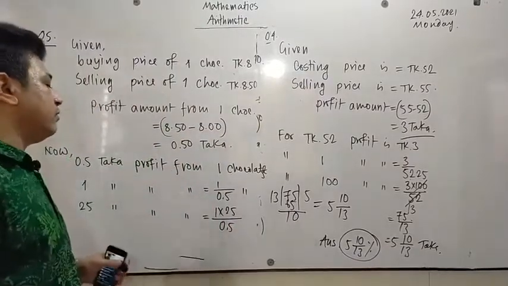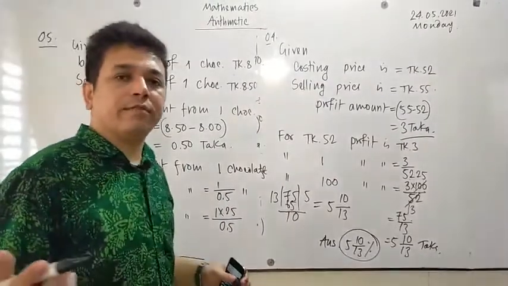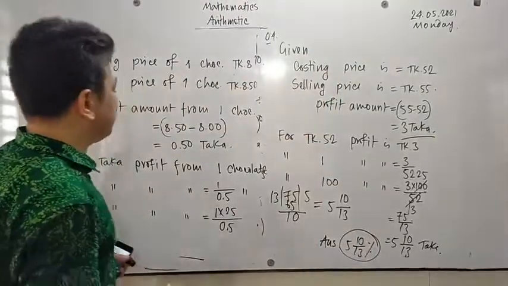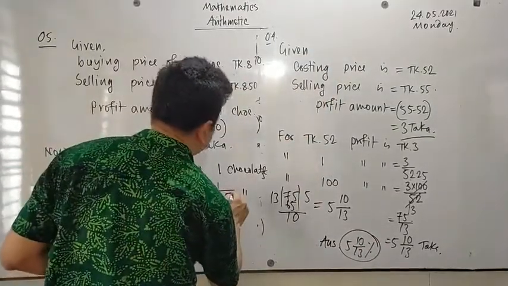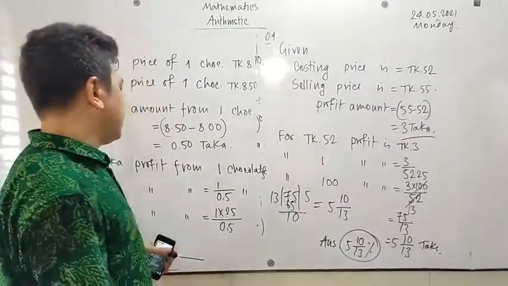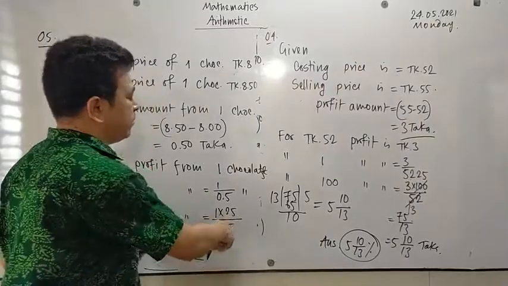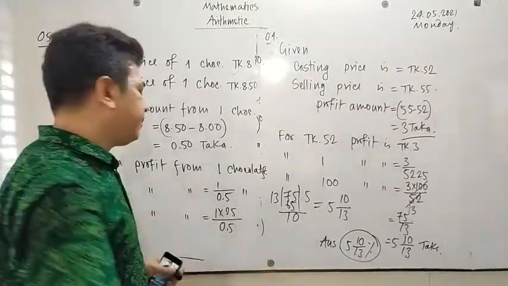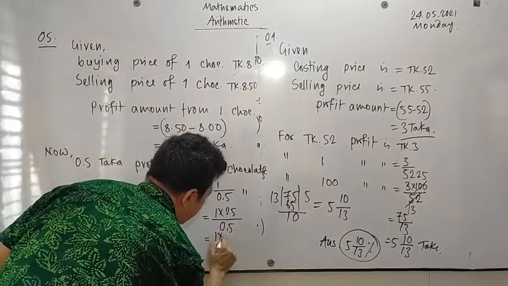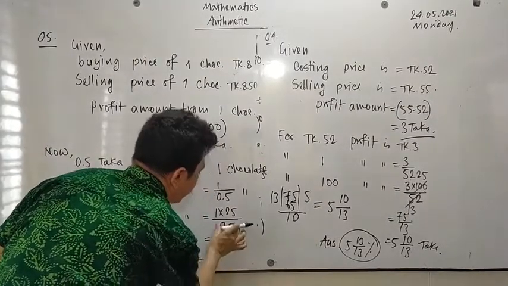What does 0.5 mean? 0.5 means half. 0.50 and 0.5 are the same thing, this half. You can solve this problem in a different way, but I am showing you the easiest way. 1 into 25 divided by 0.5, which means half.